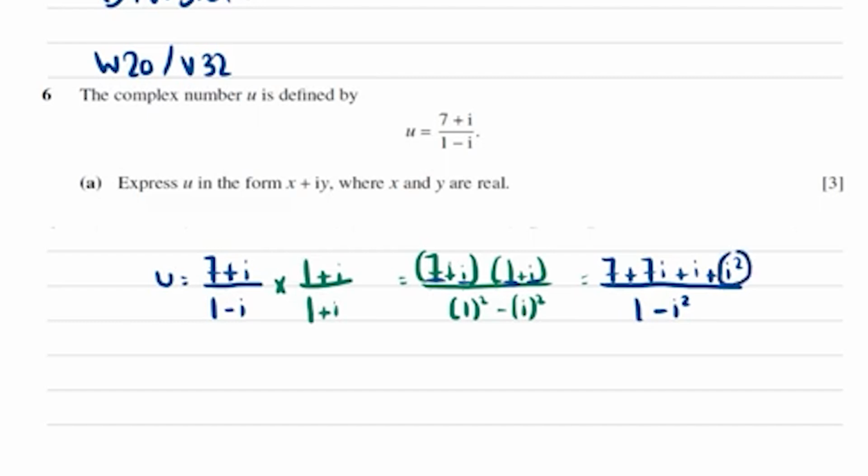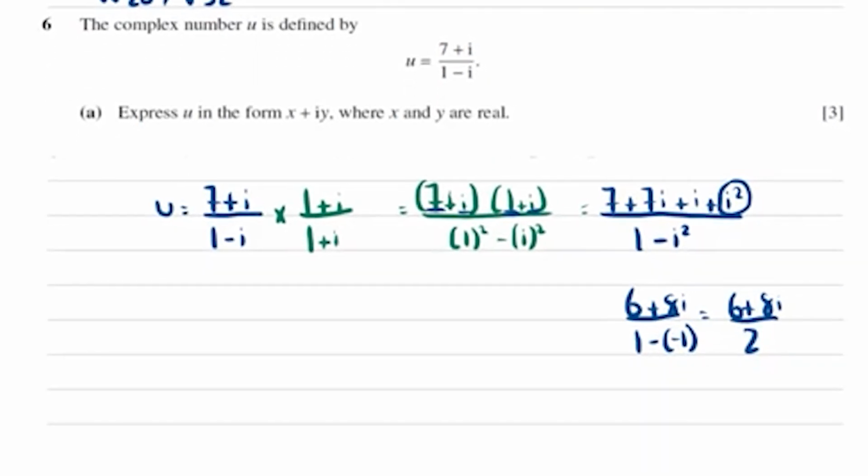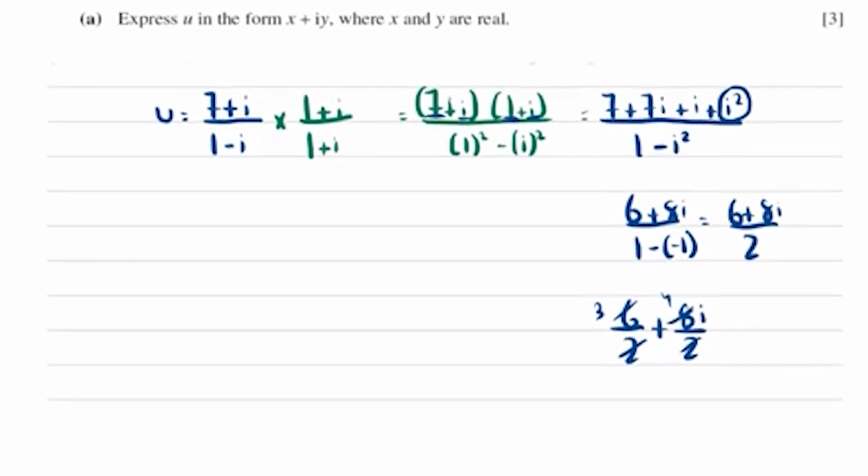Now, what's the value of i square? Minus 1. So 7 minus 1 makes what? 6 plus 8i, over 1 minus minus 1. That makes 6 plus 8i upon 2. Can you simplify this? 6 upon 2 plus 8i upon 2. So it's going to become what? 3 plus 4i. Do you get this?